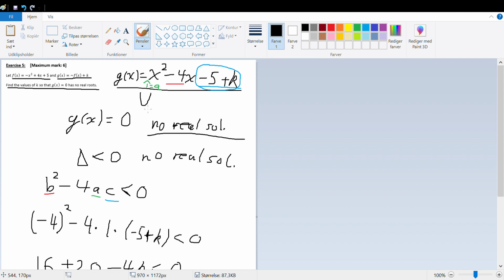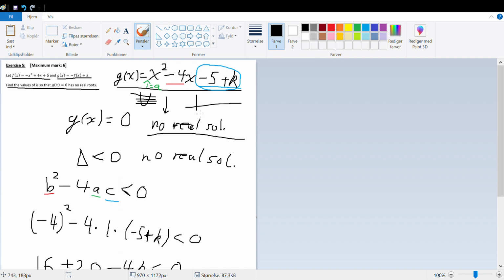So that means that if you want to have two solutions, you have to be somewhere in this range. You have to be somewhere above the vertex. Okay, but the thing is, you can only have that if this graph is being pulled down.